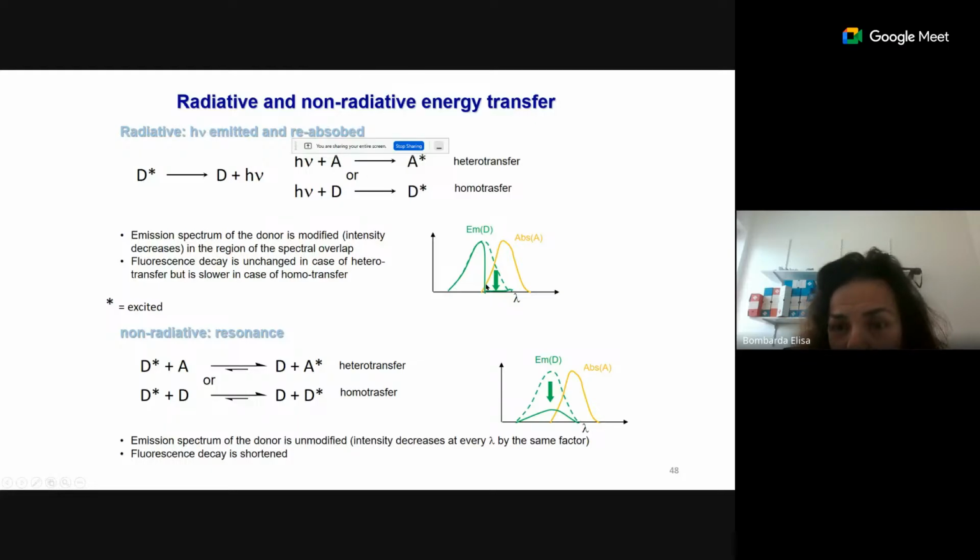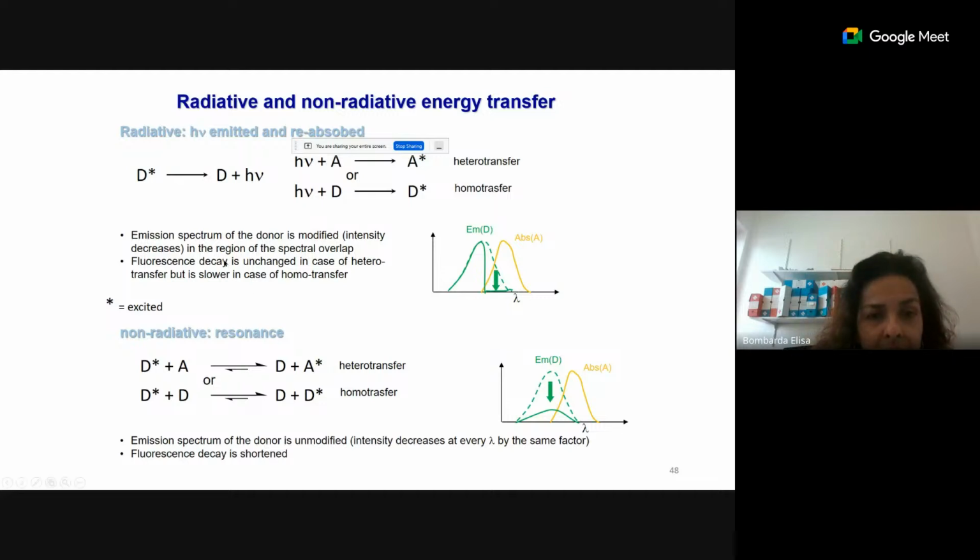So to produce then the emission of the acceptor. So that's the major difference. The fluorescence decay instead is unchanged in case of heterotransfer, because, as we said yesterday, lifetime is an intensive parameter.